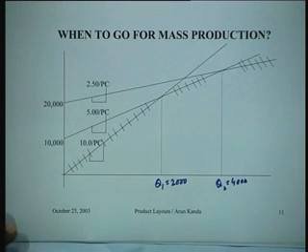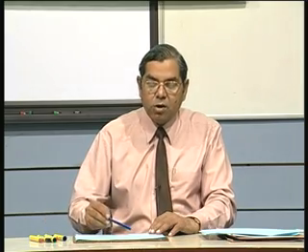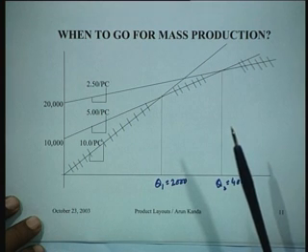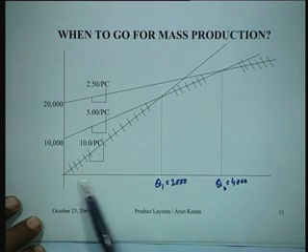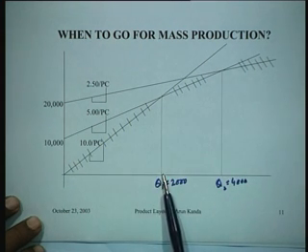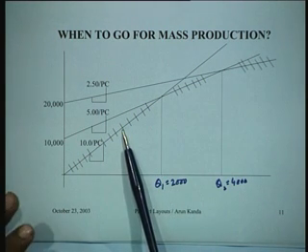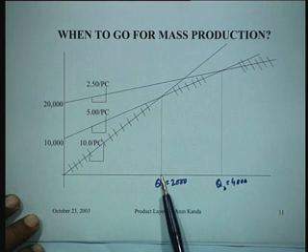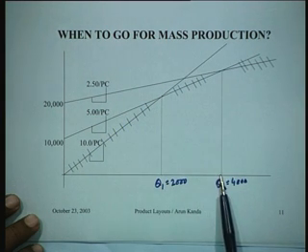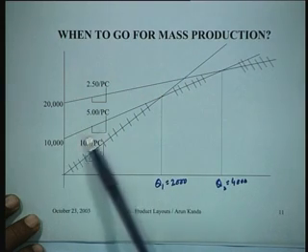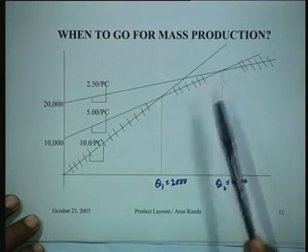Now this simple analysis tells you something very interesting. What it says is that the least cost option is the one which is shown hatched here, and therefore if your demand happens to be in the range of up to 2000, it's better to just buy the part from outside. That's the cheapest option for you. If your demand happens to be in the range of 2000 to 4000, the best thing would be to go for this intermediate option, because it will be cheaper in this case.